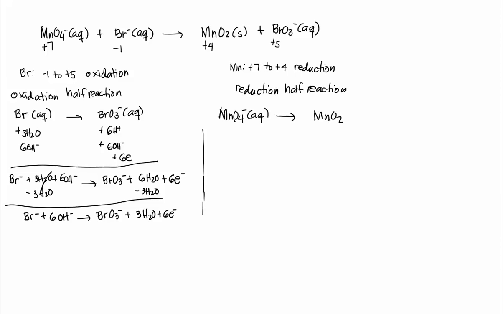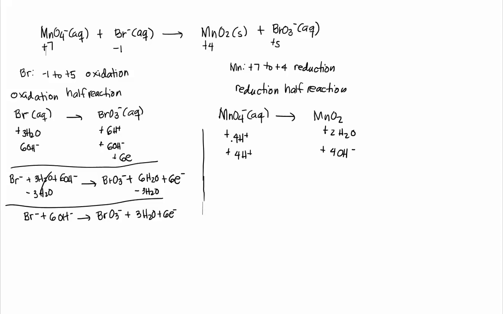Manganese is already balanced. Oxygens, 4 on the left, 2 on the right. So we need to add 2 H2Os on the right side. Next, hydrogens, we have 4 on the right, 0 on the left, so we need to add 4 H pluses. We are in base, so we have to neutralize the H pluses with OH minuses. So I add 4 OH minuses to both sides.